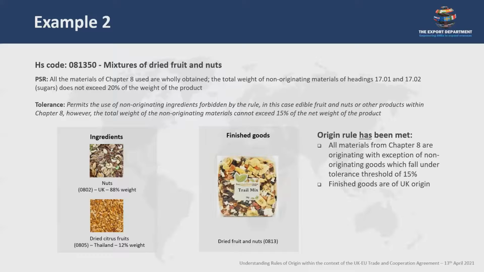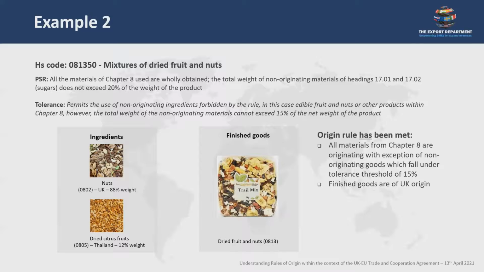And taking a food and drink example as well, the product specific rule for dried fruit and nuts, for example, is that all the materials of chapter 8 that are used must be wholly obtained, and the total weight of non-originating material from 17.01 to 17.02, which is sugars essentially, doesn't exceed 20% of the weight of the product.